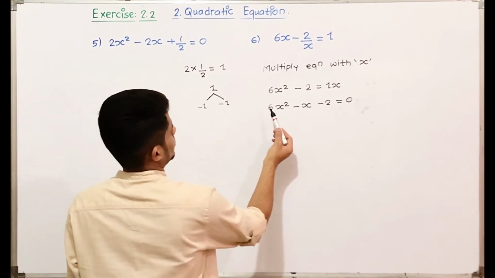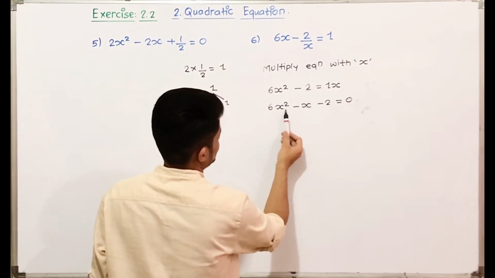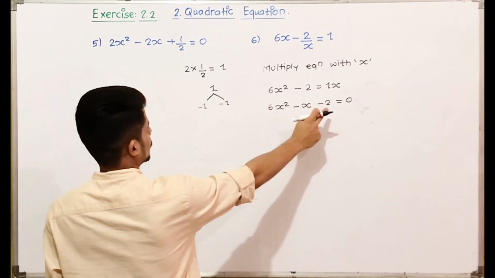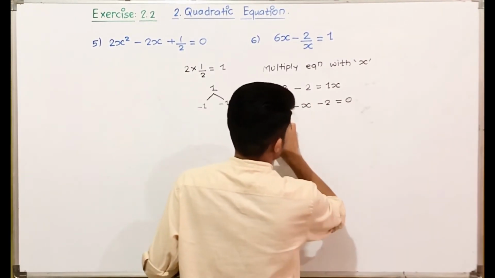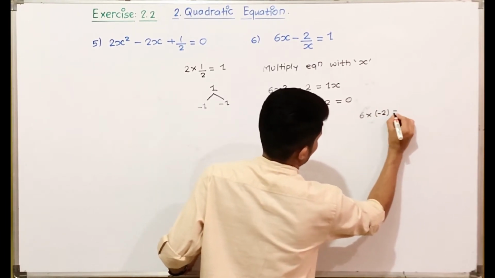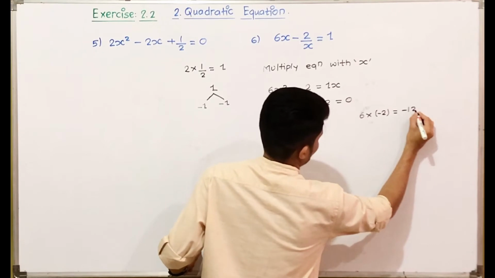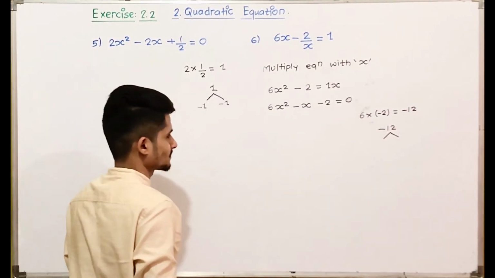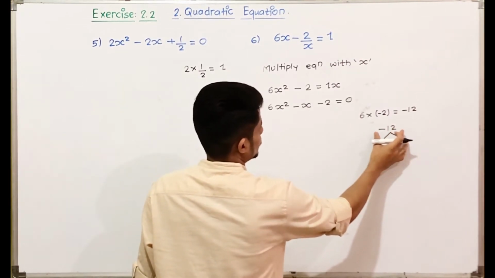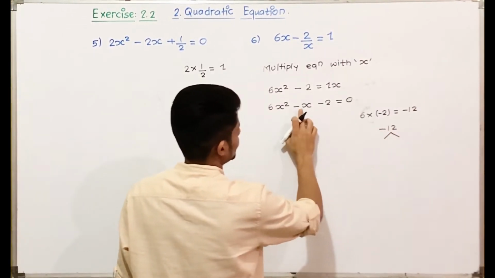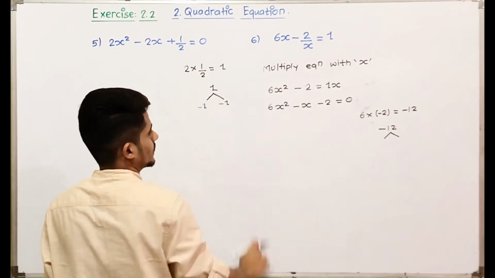Now it is in a general form, that is x square, x and constant. So we'll multiply coefficient of a with c, that is 6 into minus 2 is equals to minus 12. We'll split minus 12 in such a way that subtraction should be equals to minus 1.